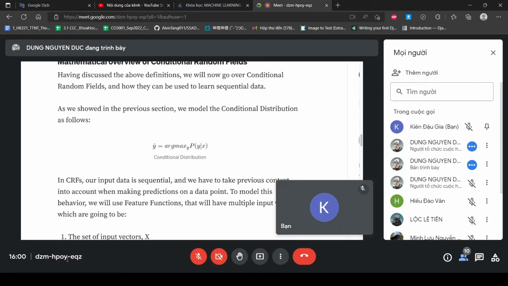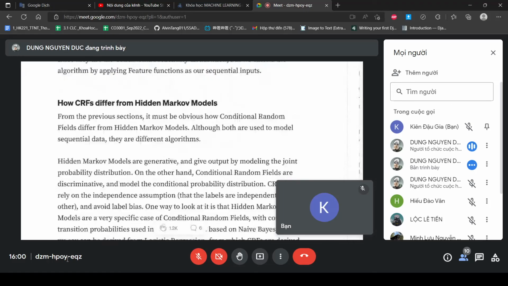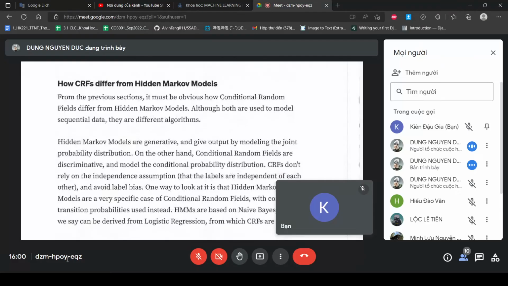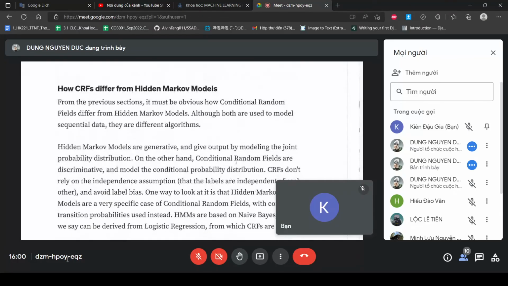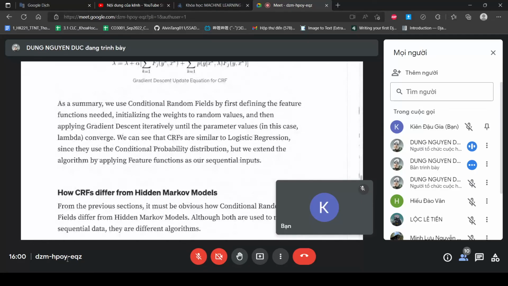It will be the probability of the joint distribution divided by the probability of the data. But you don't care about the data, therefore it is also the argmax of the joint probability. So in that sense, you can now get the sequence of hidden states y given the data. That's the idea of the conditional random field.